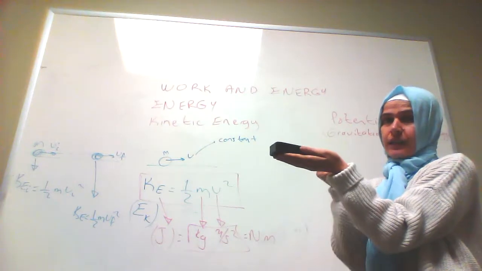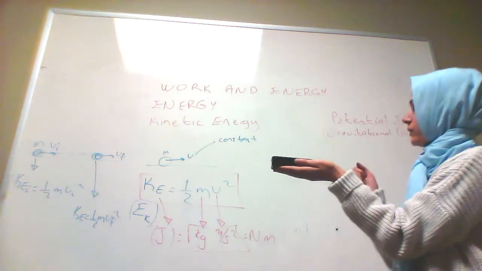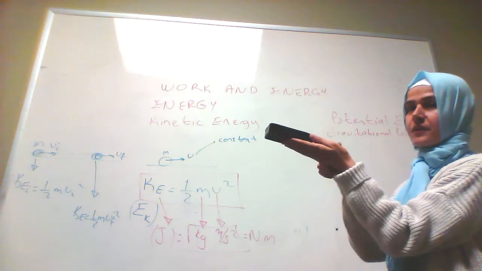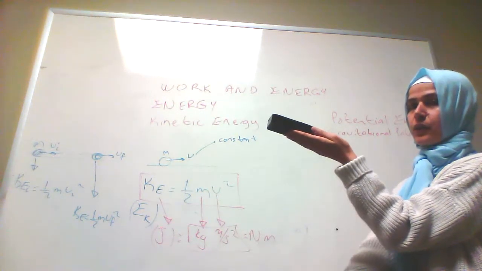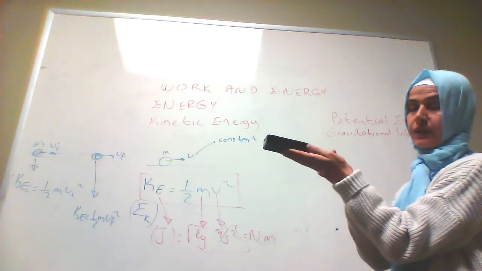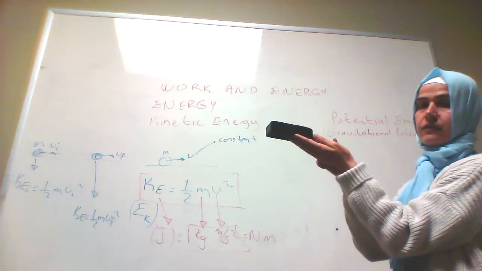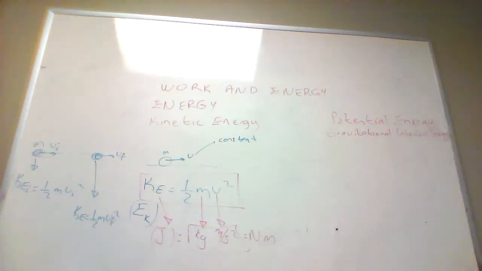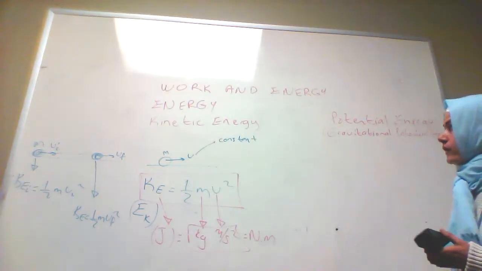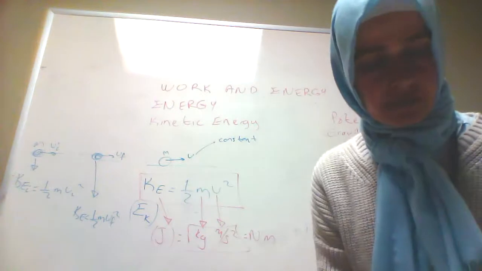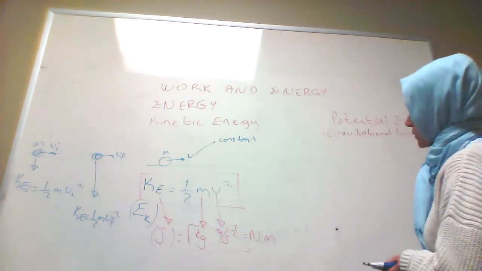But it has a potential to gain kinetic energy. That's where the potential energy is coming from, actually. Because if we drop this object, the gravitational force will be pulling it down and giving it a velocity, so the kinetic energy will start to happen. It will have a zero initial velocity and the velocity will be increasing. It will have a high kinetic energy when it falls down. Now, the energy that the object has due to the gravitational force is called potential energy.